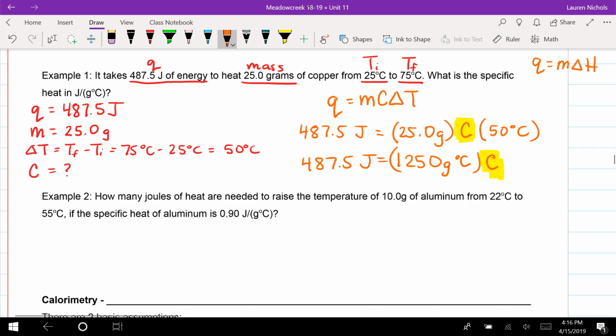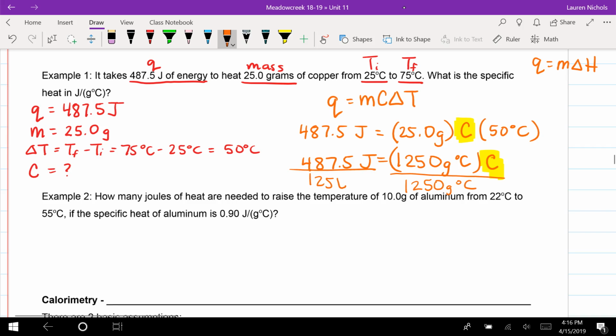And remember, in order to move a number from one side of the equal sign to the other, you have to do the opposite of the math. So 1,250 grams times degrees Celsius is being multiplied by our specific heat. That means we divide on both sides in order to move it.